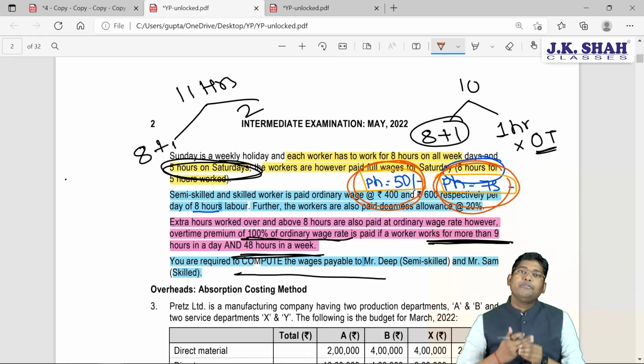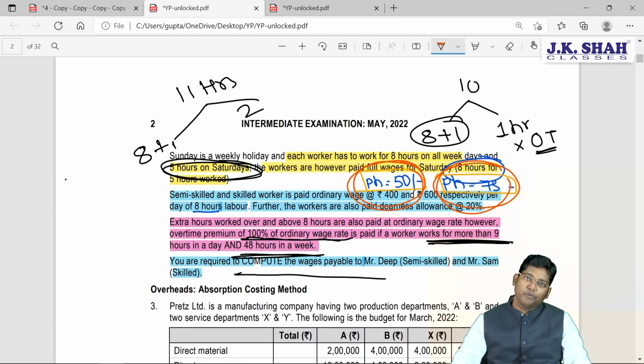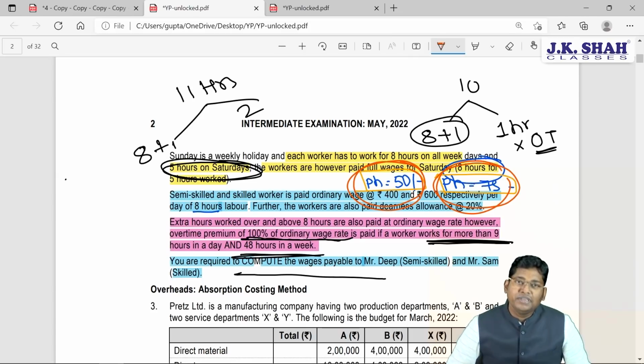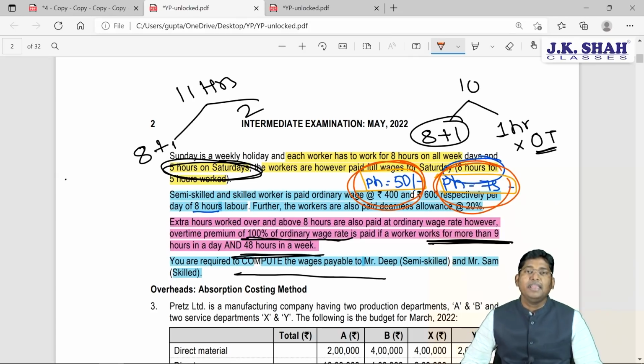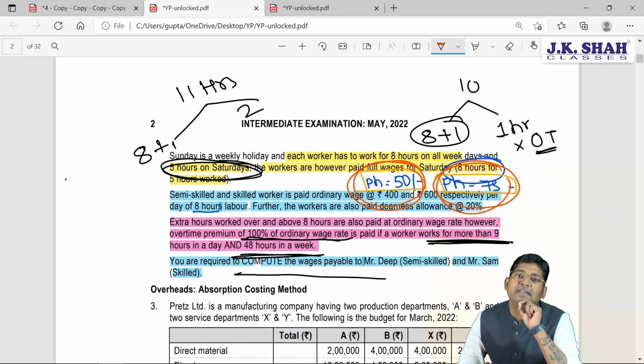The second part of absorption costing comes with the computation and accounting treatment of overabsorption and underabsorption of overheads. And the last part, which is the subcategory of this chapter, is your overheads ascertainment. Now, first objective of the chapter overheads is to compute the absorption rate of individual production department.